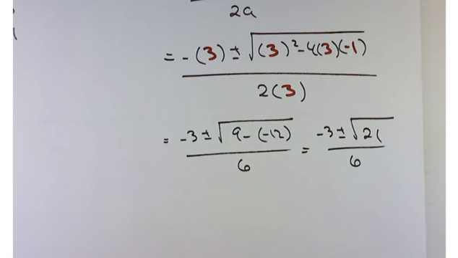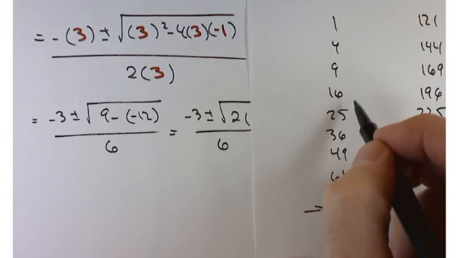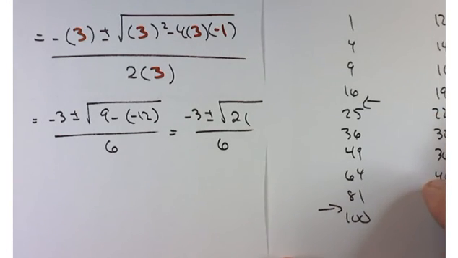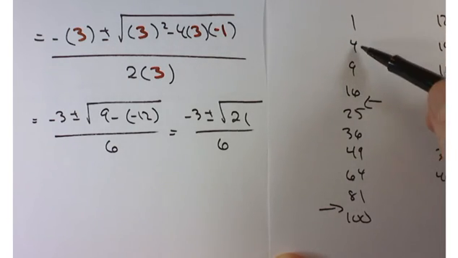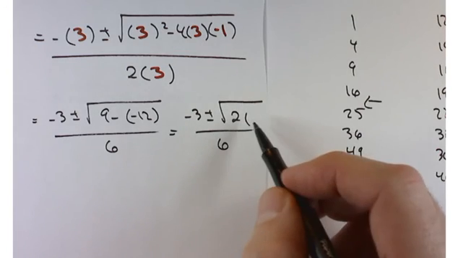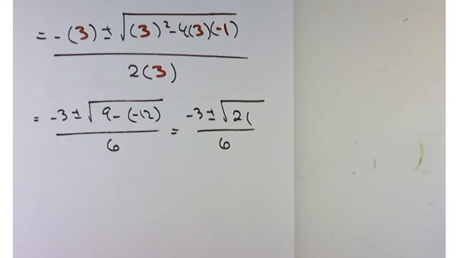Now, as far as doing something from here, 21 fits right between 16 and 25. And if you work your way up this list, none of these numbers other than 1, which doesn't make a difference, none of these numbers evenly divides 21. So that's it. That's as far as you can go with problem number 58.